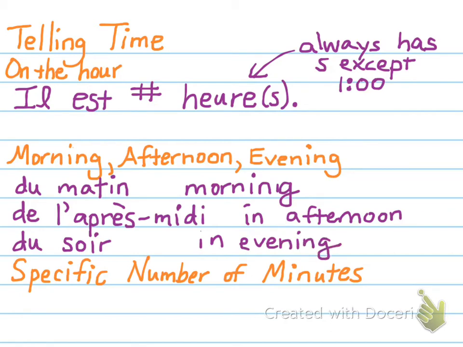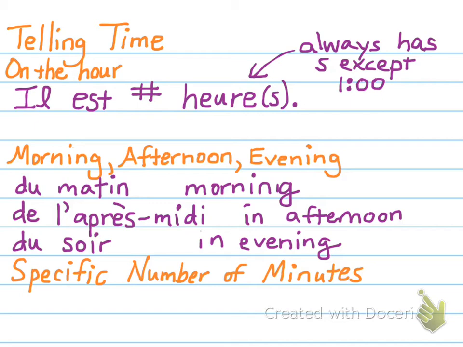S'il vous plaît, répétez: du matin, de l'après-midi, du soir. So if I wanted to say it is 10 in the morning, I would say il est 10h du matin.